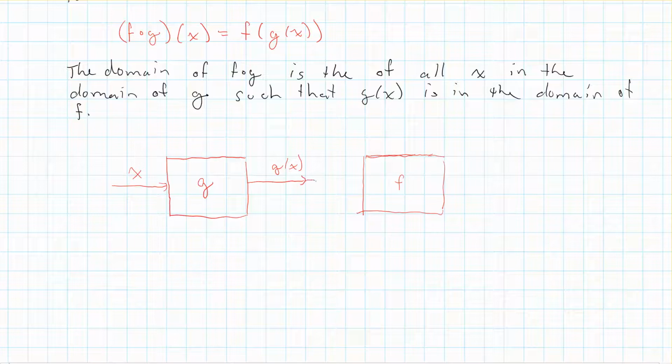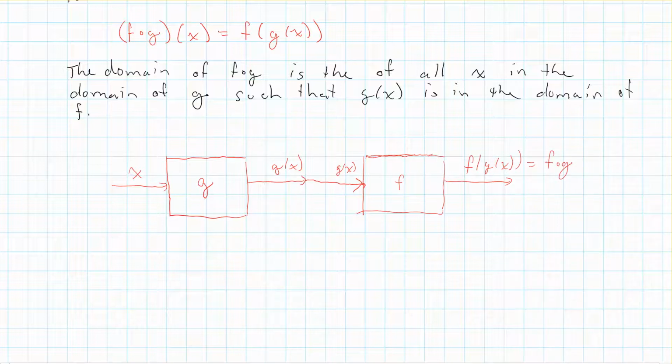What's going into this, the input, is g at x, and then out of the box is coming f at g at x, or the composition of f with g.